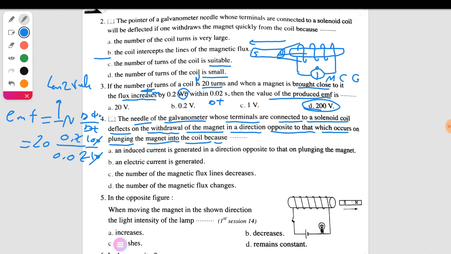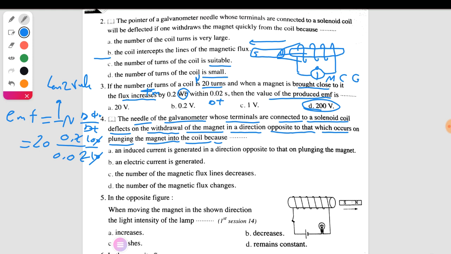Electric current is generated, the number of magnetic flux lines decreases, the magnetic flux changes. Why?